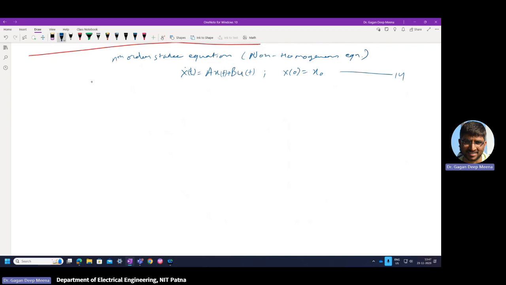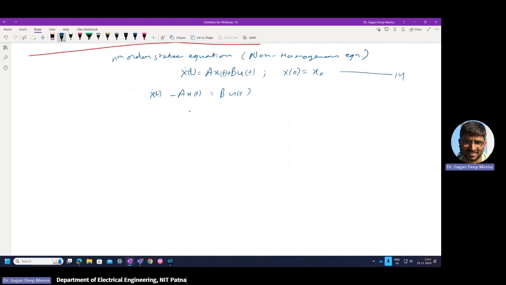Now the state equation given by equation number 14 can be rearranged a little bit as x dot t minus A x t equals B u t.